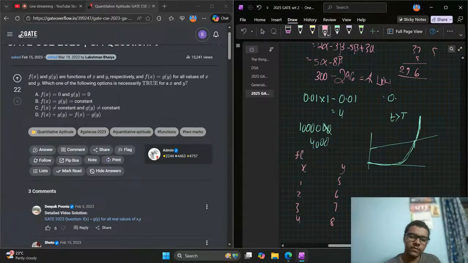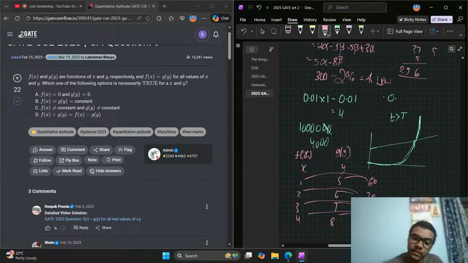So now f of x, g of y, they are equal. These are x values, right? They both map to some 60, 70, 80, 90. Something like that. Alright. F of x is equal to g of y.